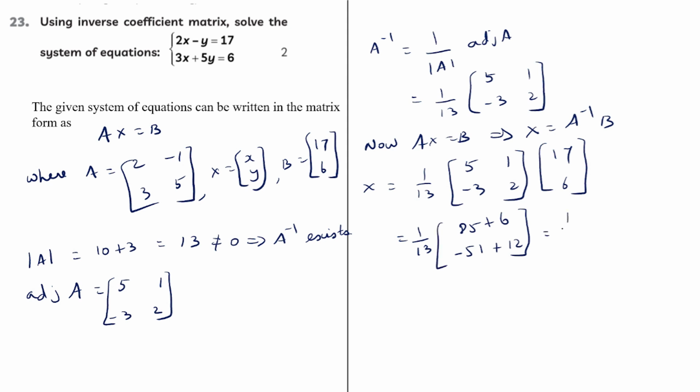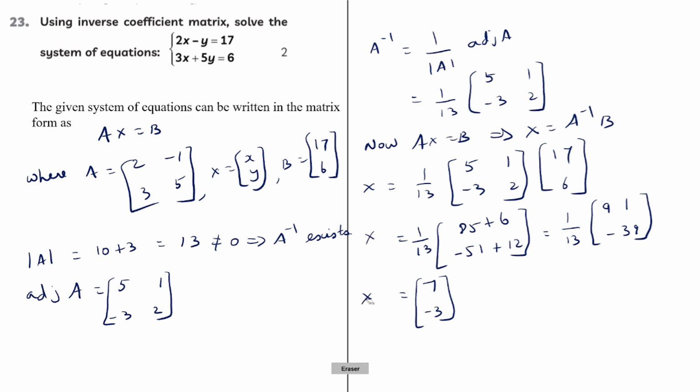So here we have 1/13 into, this is 91 and this is -39. So we have X = 91/13 is 7 and -39/13 is -3.